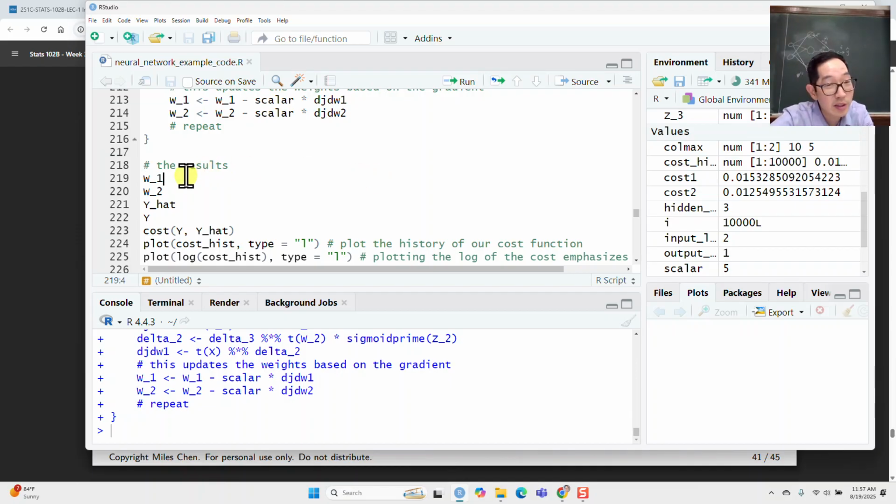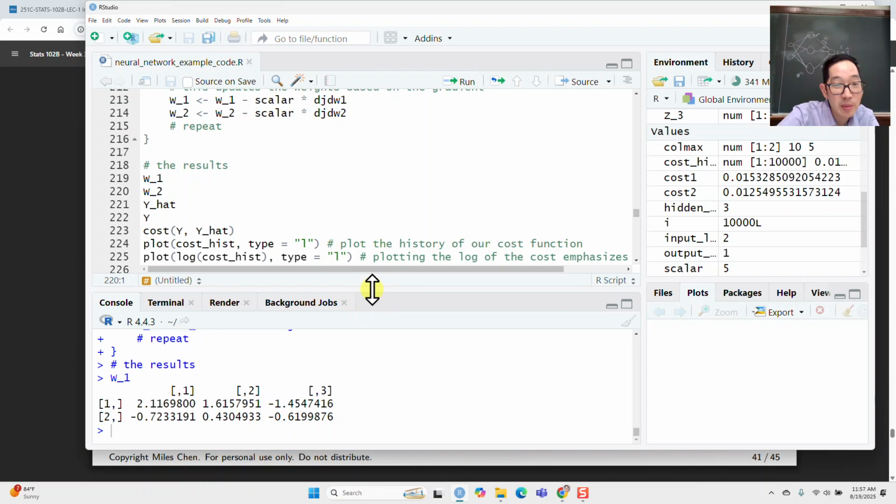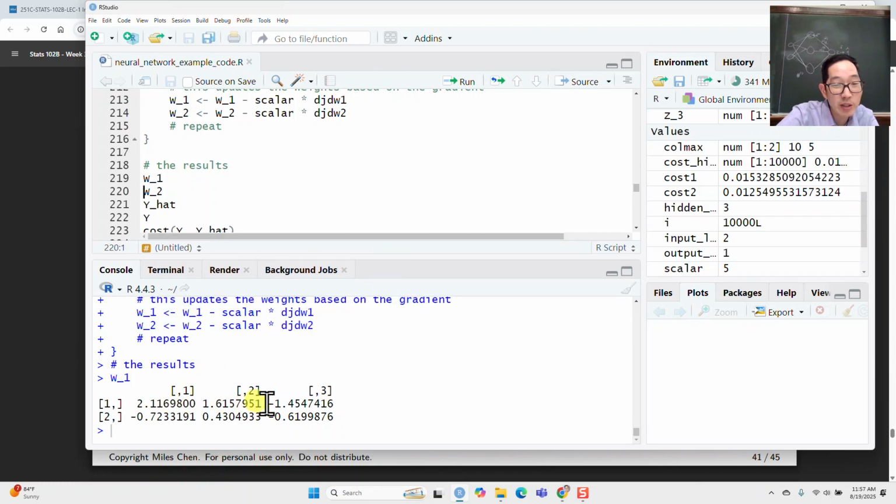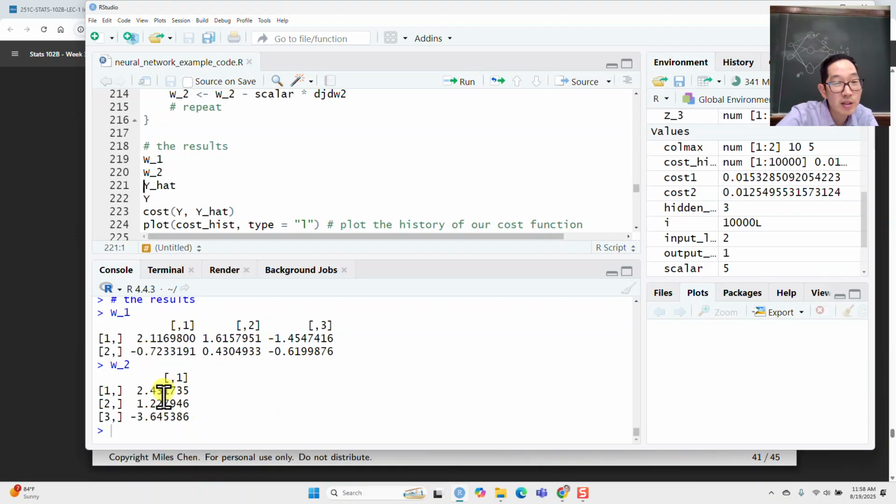It's done 10,000 iterations. So this is the resulting matrix of weights. W1 has these values, and W2 has these values. These values are meaningless. Again, with neural networks, we have no real interpretability of what the resulting weights of our nodes are.